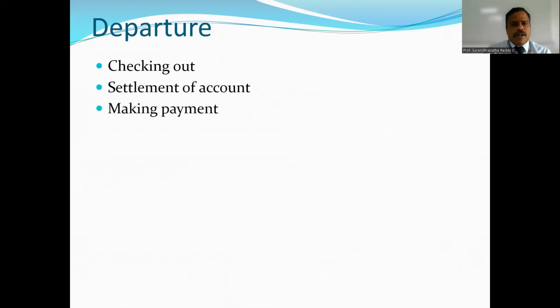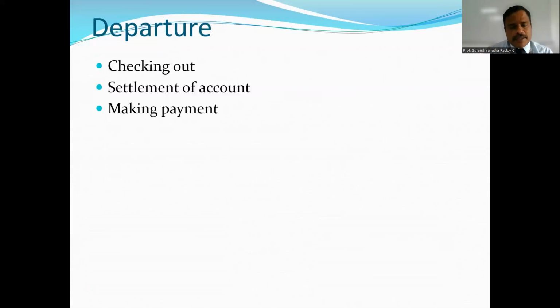The final stage is the departure. Now, in departure, what happens? Check out of the room, then settlement of the account, making any payment that has to be done, because most hotels provide other services and add them to the bill.